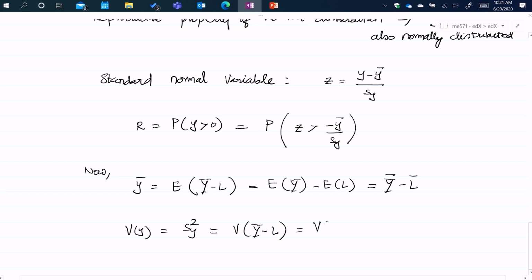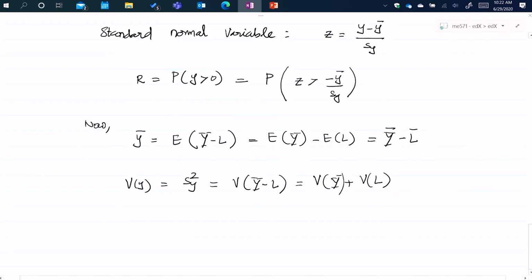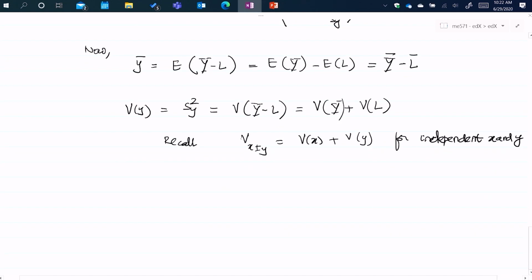That's equal to the variance of strength plus the variance of load, which we know as: the variance of x plus or minus y is equal to the variance of x plus the variance of y for independent x and y. This is something we learned in expectation and variance.